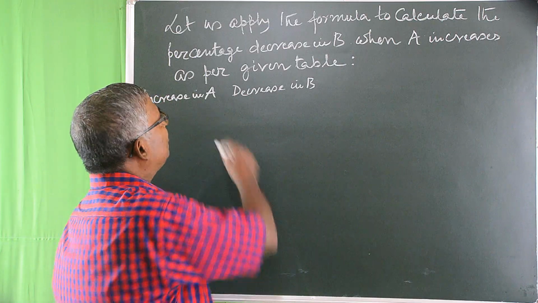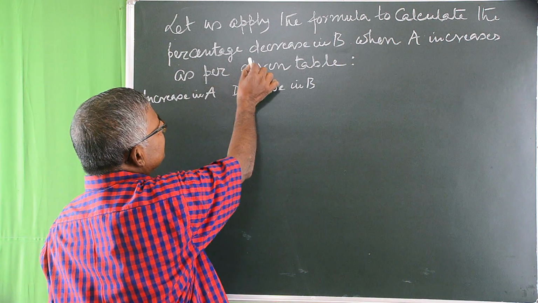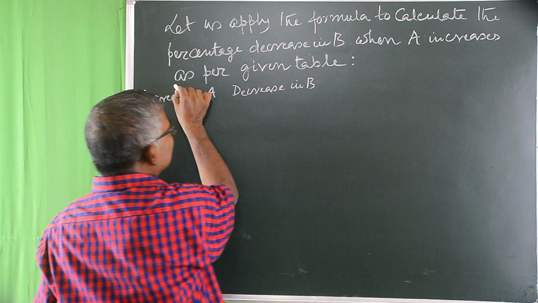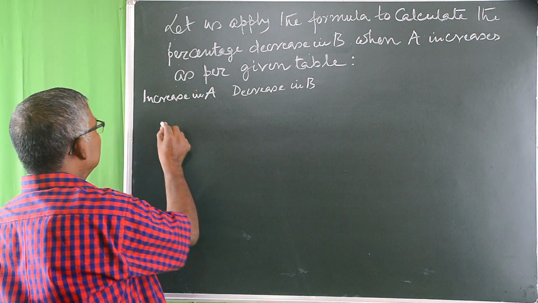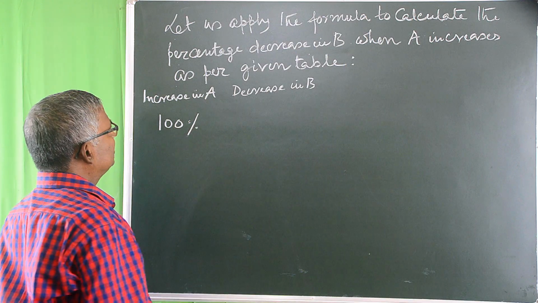Let us apply the formula to calculate percentage decrease in B when A increases as per the given table. Let A increase 100%.